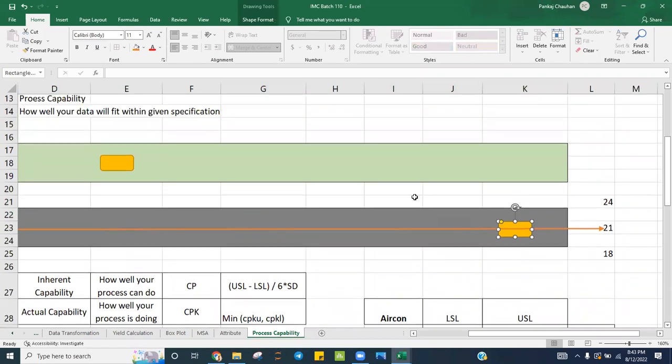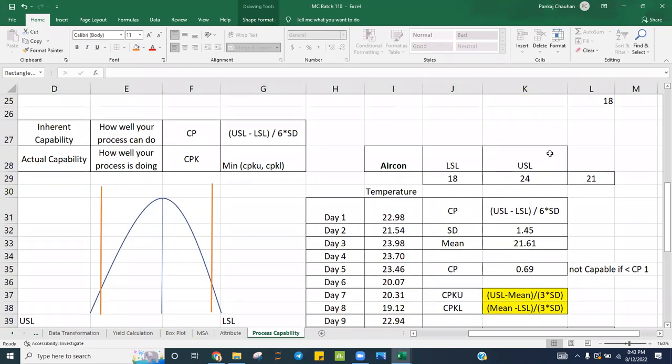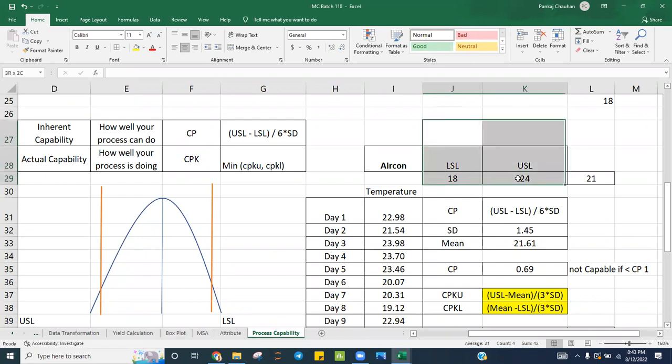So like as this air conditioner, first it is going on the upper side. So you have to figure out why my average is on the upper side of a specification. Check what are the factors are not working. And then why your air conditioner is fluctuating. Sometimes is giving low temperature, sometimes is high temperature. What is the reason? Is this compressor is not working? Is there is no gas in the compressor? Is this power fluctuation?